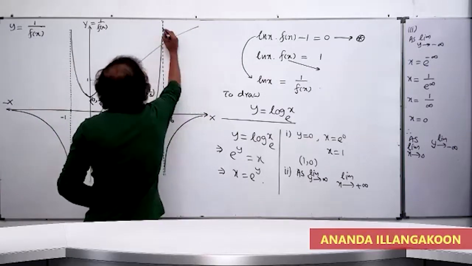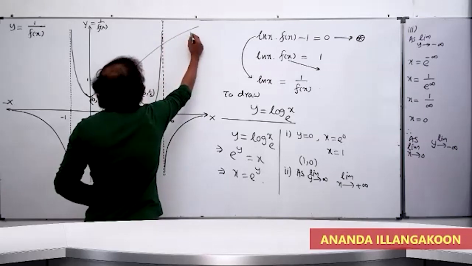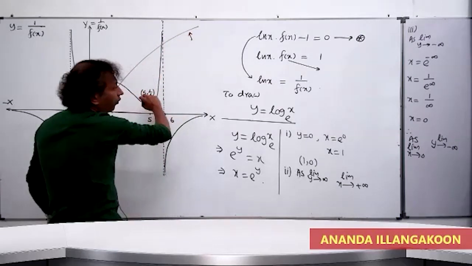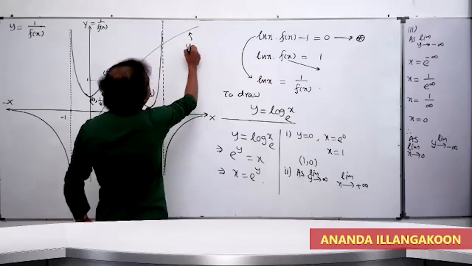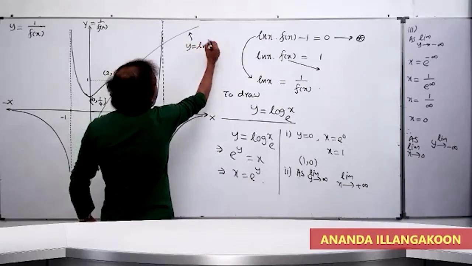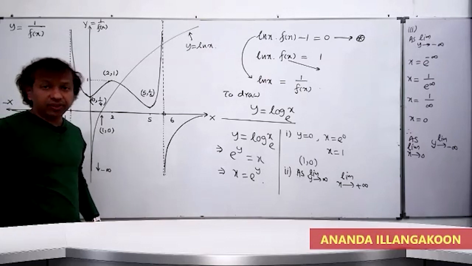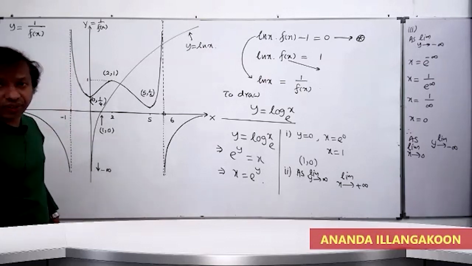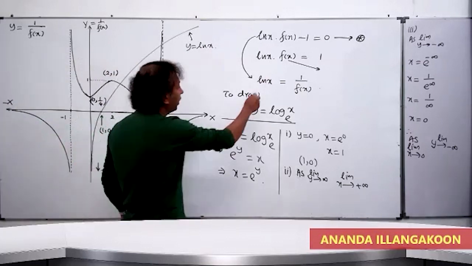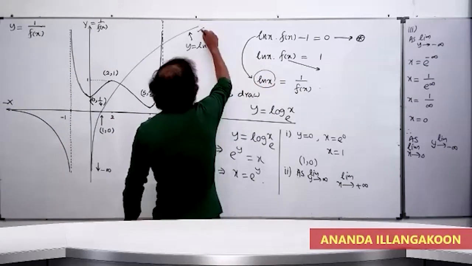This is the graph, people, of y equals ln x. Okay. Now, how many points of intersection can you see there for the 1 upon f(x) graph and ln x? See, the ln x graph is this.